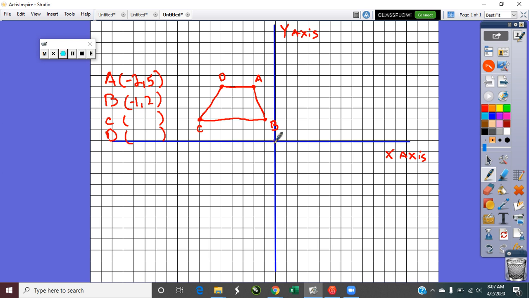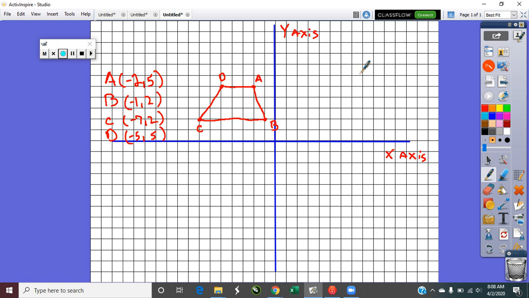Coordinates for C would be -1, 2, 3, 4, 5, 6, 7, +2. And the coordinates for D would be 1, 2, 3, 4, 5, and then up 1, 2, 3, 4, 5.